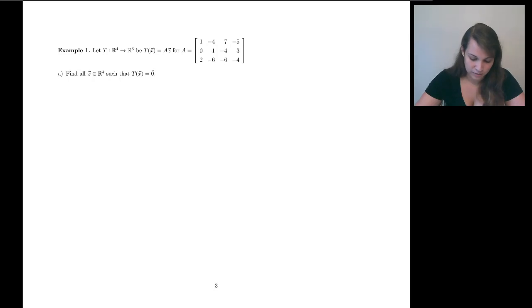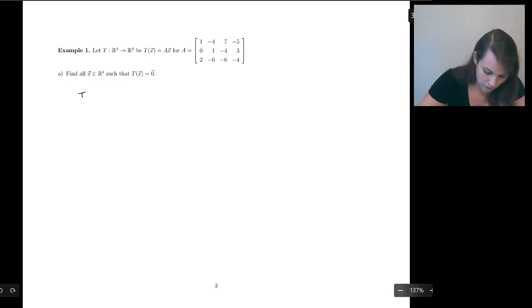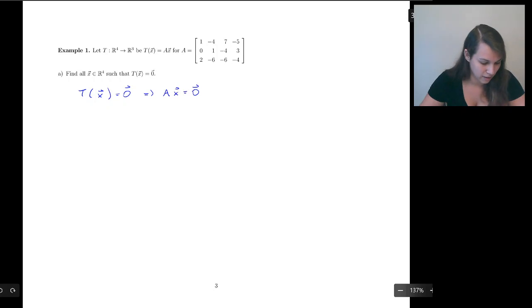So the first question is we want to find all the X's such that T of X will be equal to 0. We're looking for T of X to be equal to the 0 vector. That means we need A times X to be equal to the 0 vector.